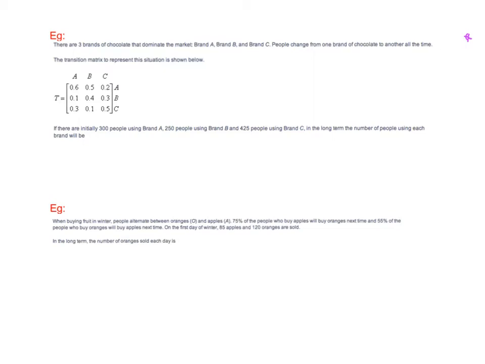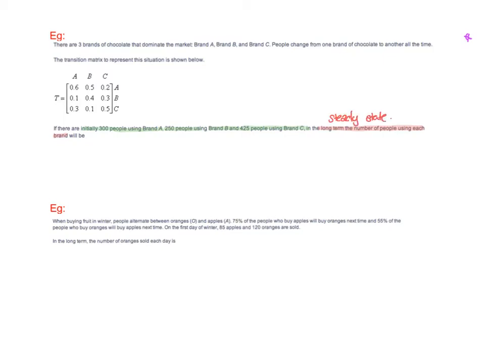Now here you go, they're giving you a state here: initially 300 for A, 250 for B and 425 for C. And you can see now the question: in the long term, the number of people using each brand. That is a way of saying they want me to find the steady state.